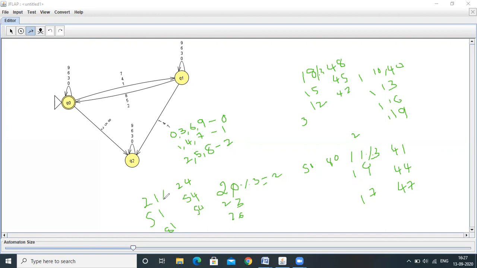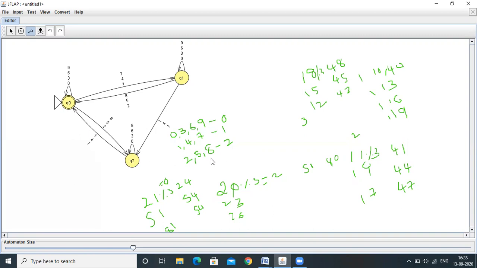If you perform modular division with 3, the remainder is 0. So Q2 on 1 reaches the Q0 state. Q2 on 4 will reach the Q0 state. Q2 on 7 will reach the Q0 state.